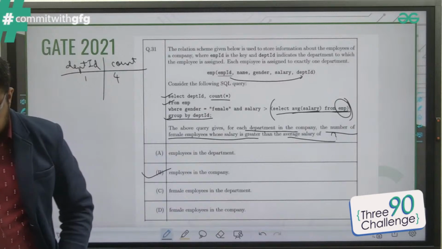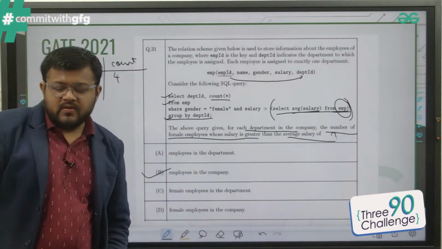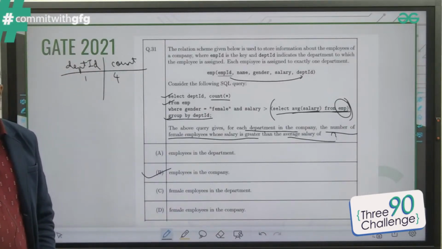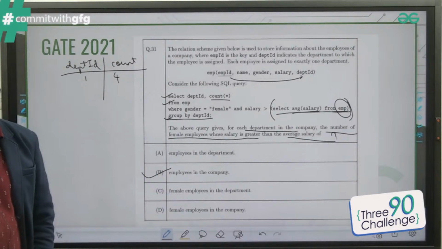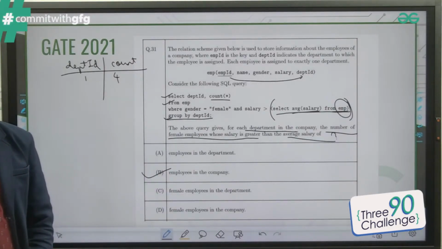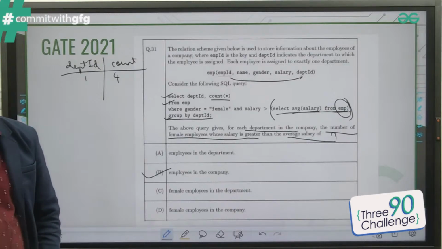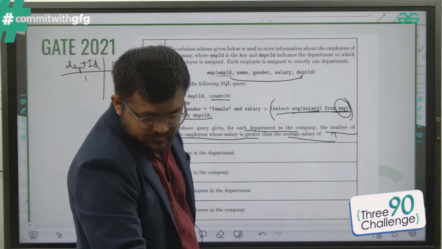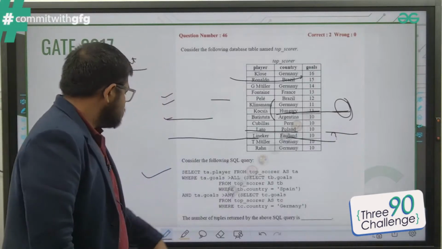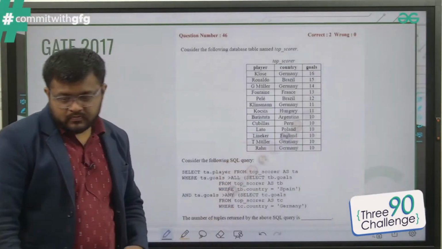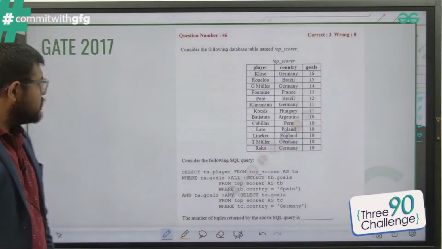Other people who wrote C, is this clear? The answer would be B. Okay, great. Try to solve this question.